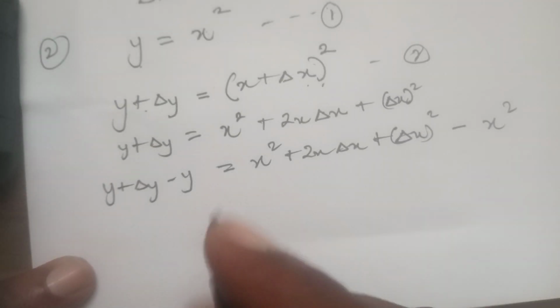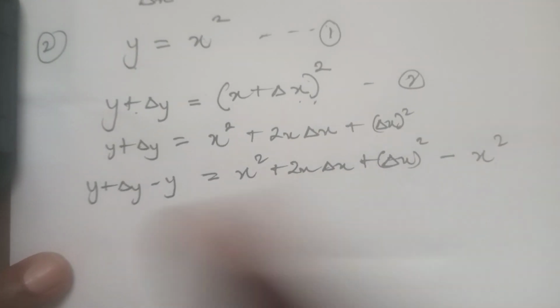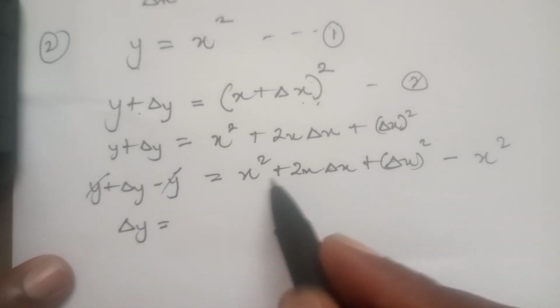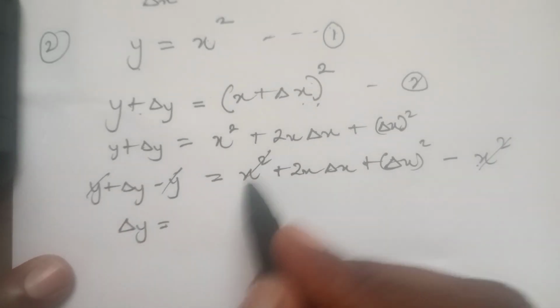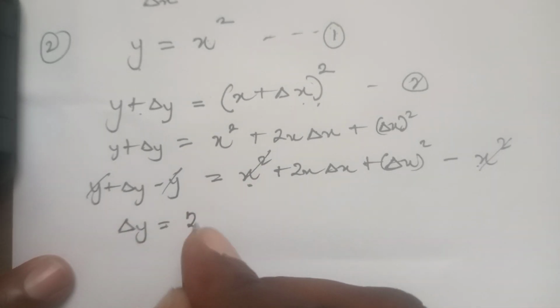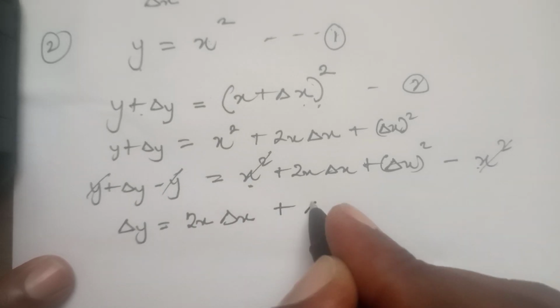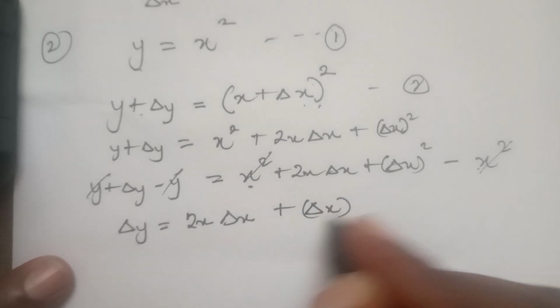So from here, y will cancel y, so we have delta y equals, now x squared and x squared will cancel each other. So we're going to have 2x delta x plus delta x all squared.